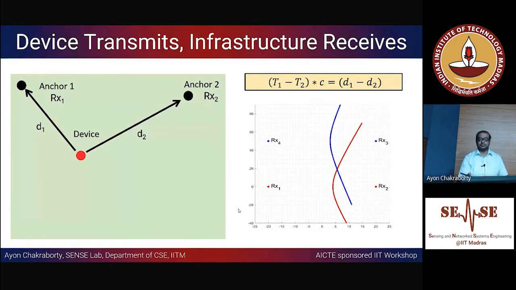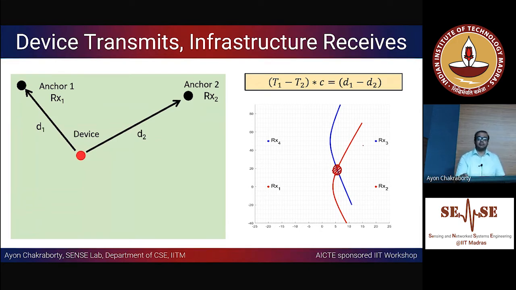If you have these four anchors and you compute two TDOA values, they are going to intersect at some location here, and that gives you the location of the device. Okay, is it absolutely clear?